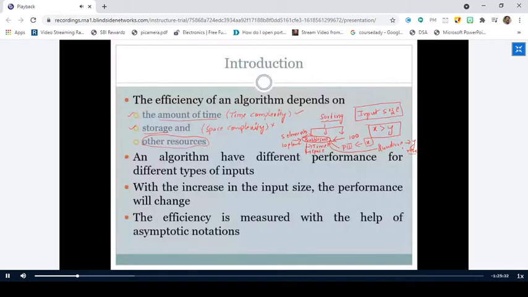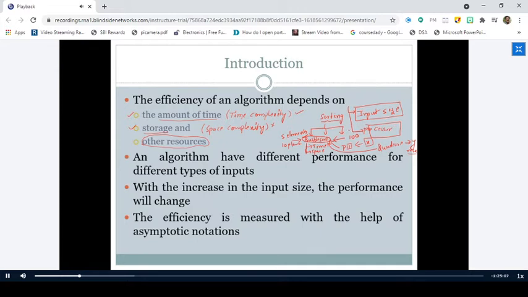So it also depends on the processor on which you are running the algorithm. Like that, these two, the input size and the processor, are the internal factors on which the efficiency of the algorithm depends.